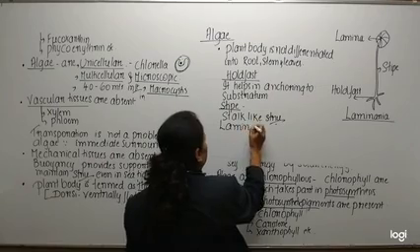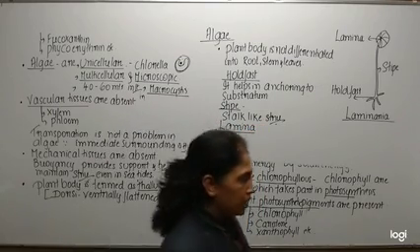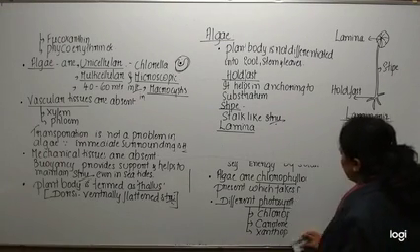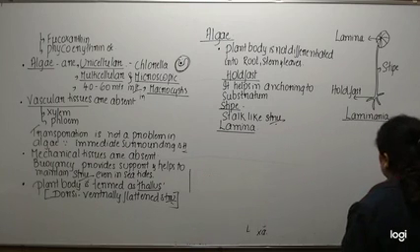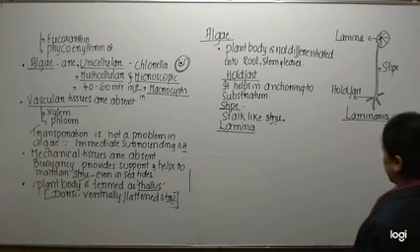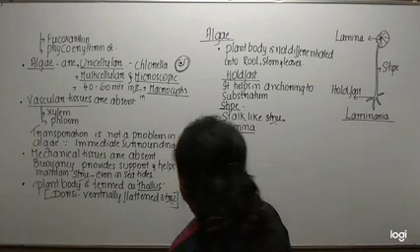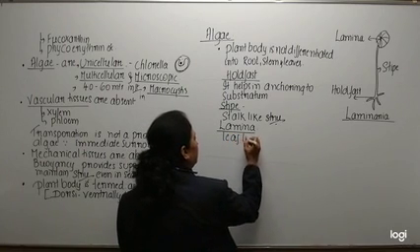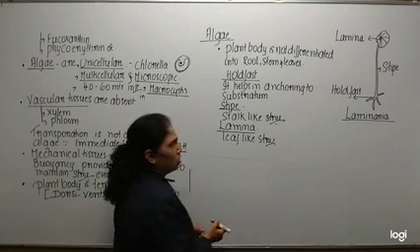It appears leaf-like, but the entire algae is photosynthetic. Remember? So lamina is called the leaf-like structure.